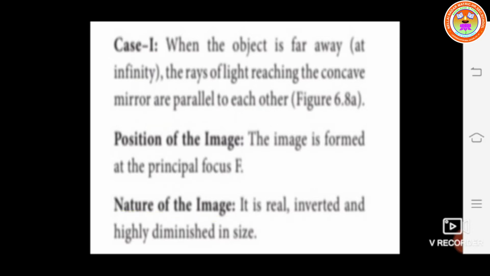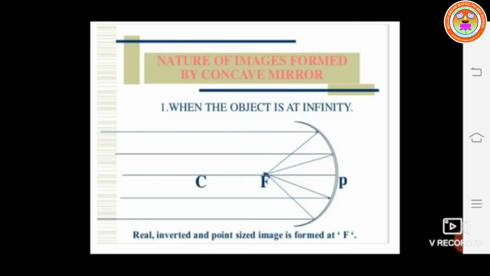Next, nature of the image: the image produced is real, inverted and highly diminished in size.